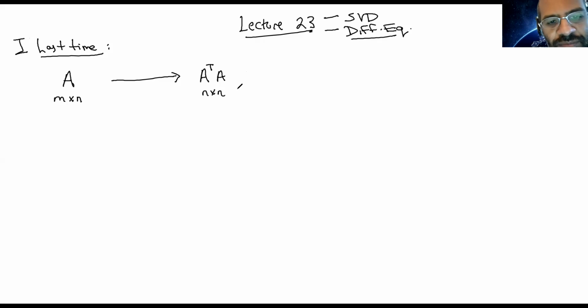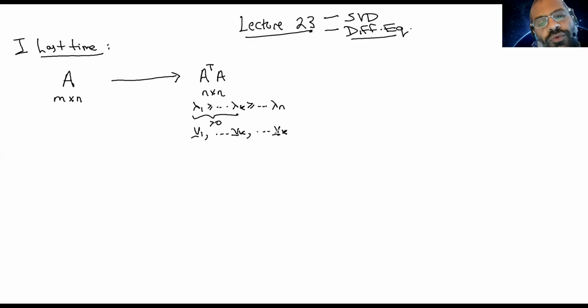Because it's symmetric, by the spectral theorem it has real eigenvalues, k of which are non-zero, and corresponding eigenvectors v1 through vk, and maybe it actually has a whole orthonormal basis of eigenvectors.